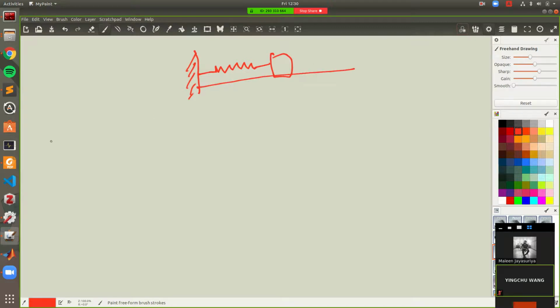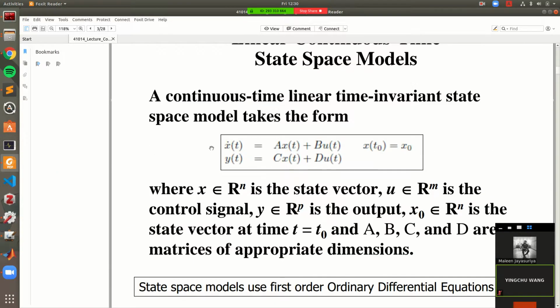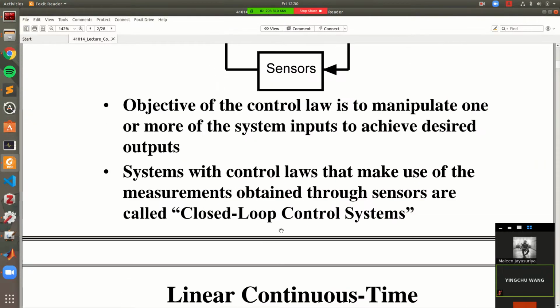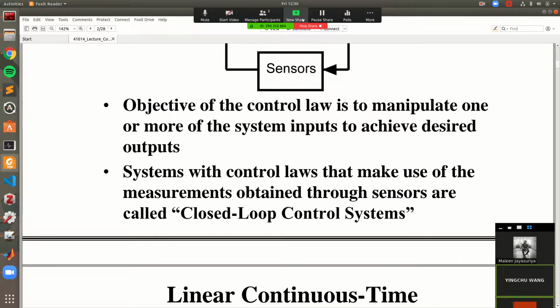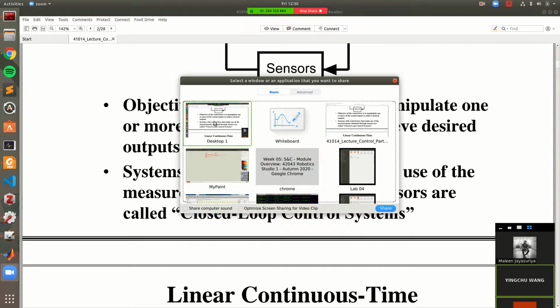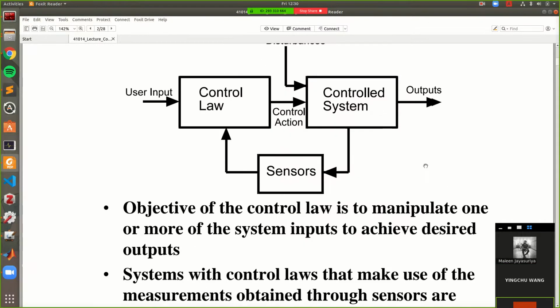Actually, I'll use the notes itself to show you. Is my screen still showing the paint, or is it showing the PDF right now? The paint. Okay, hold on. Give me a sec. Now it's all right, right?